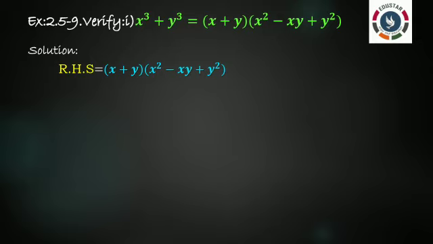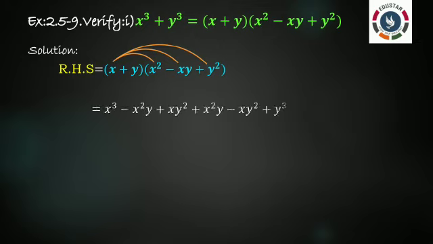Here you just have to multiply the terms. x into x square is x cube, x into minus xy is minus x square y, and x into y square is plus xy square. Next, y into x square is x square y, y into minus xy is minus xy square, and y into y square is plus y cube.